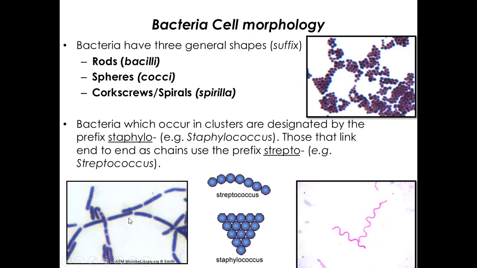So down here on the lower left, we've got a streptobacillus, right? Because it's rod shaped and growing in a chain. You can have streptococcus, so you have a chain of spherical bacteria, or, like I said, staphylococcus. You can even have streptospirilla, staphylospirilla, things like that. But this is just some of the general shape and growth structure names we use to name bacteria.